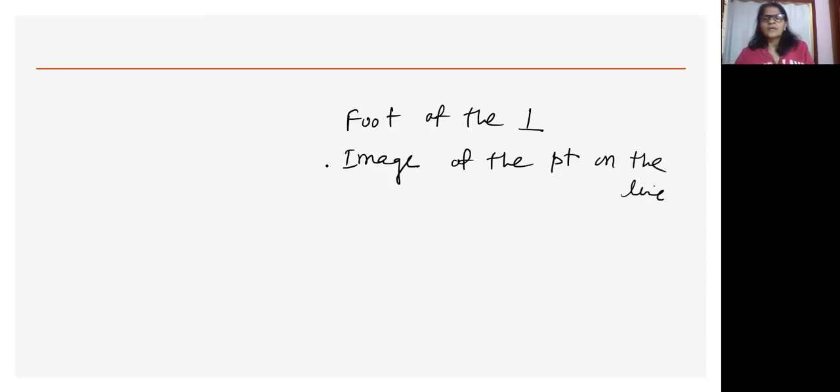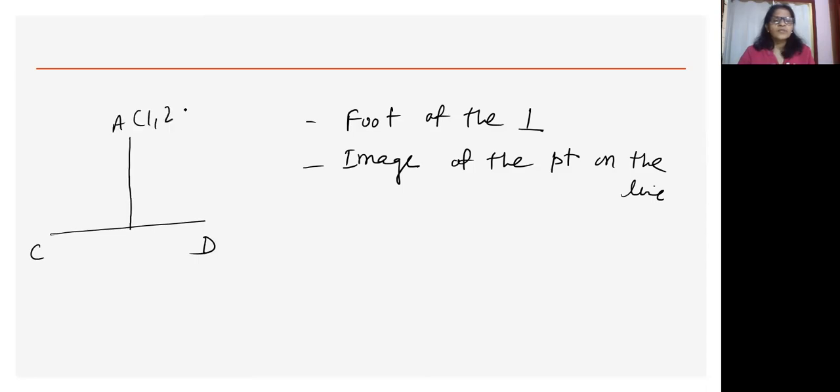And if the question also asks to find the length of the perpendicular, as you have seen, this is the line given to you, and this is C, D, and you are given A (1, 2, 3).